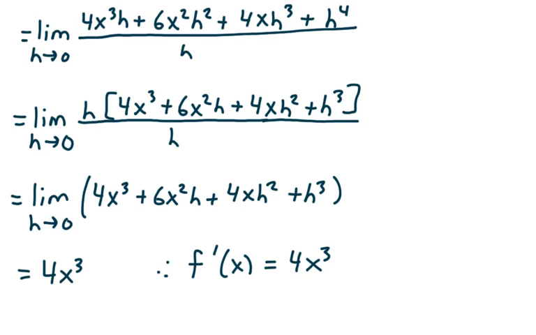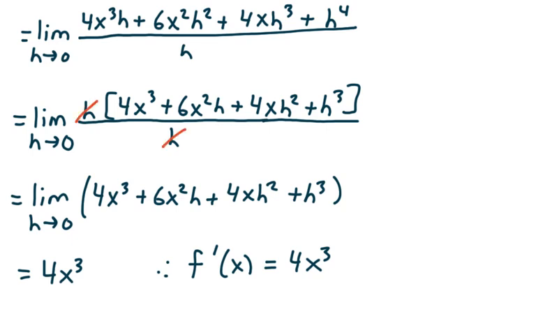I'm going to factor out an h from the numerator. And when I do, I get the limit as h goes to 0 of h times the quantity, 4x cubed plus 6x squared h plus 4xh squared plus h cubed, all divided by h. Now remember, h is not 0, you guys. So I can cancel the h's here.